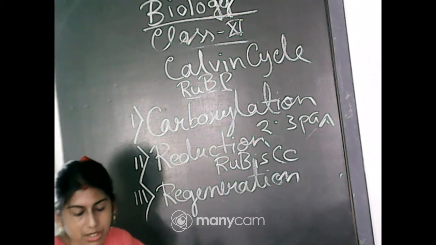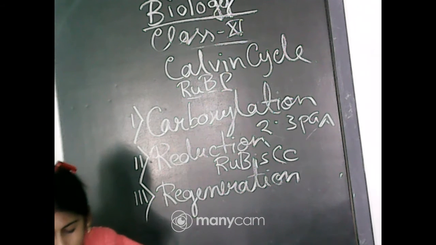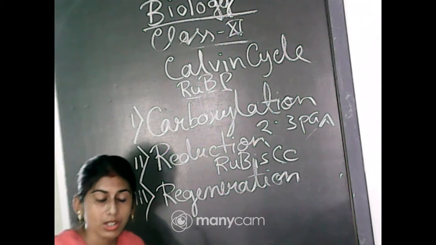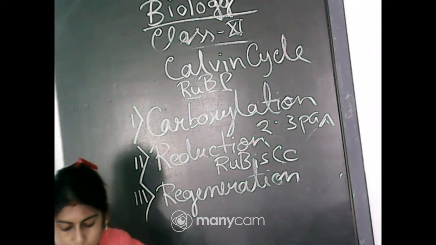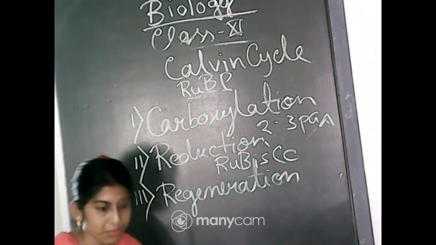In this stage, 2 molecules of ATP are required for phosphorylation and 2 molecules of NADPH for reduction per carbon dioxide molecule fixed.